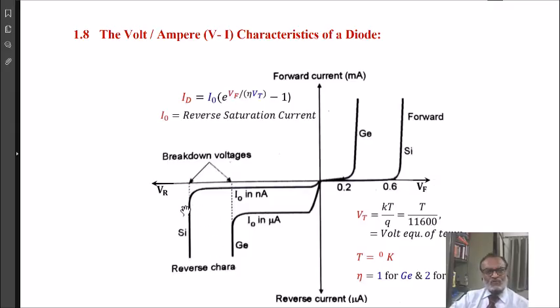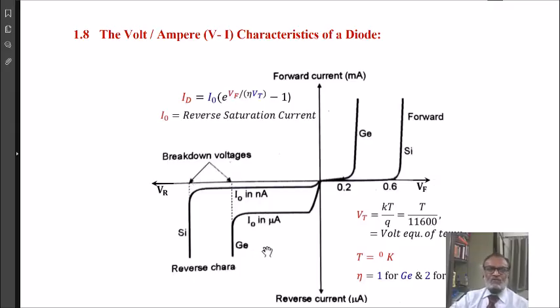Now, during this portion of the characteristic, you will see that current is high as well as the voltage is also high across the device, and therefore power loss across the device is very high under breakdown condition. If the diode is not designed to bear this power loss, then it will be damaged due to excessive heat, and therefore it is avoided to use the diode in the reverse breakdown region.